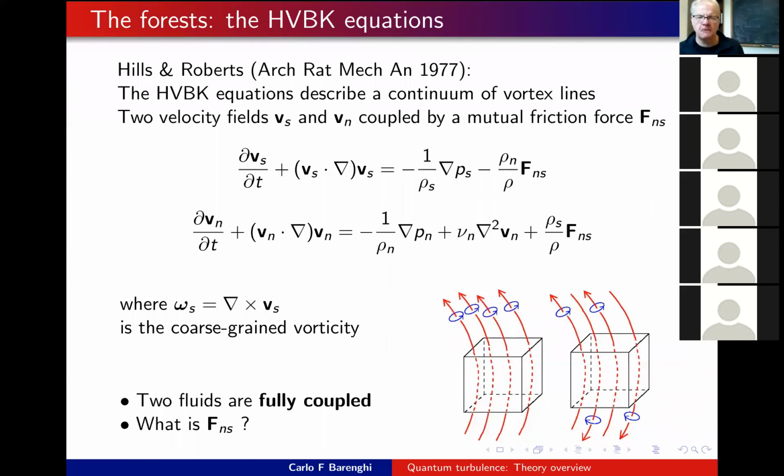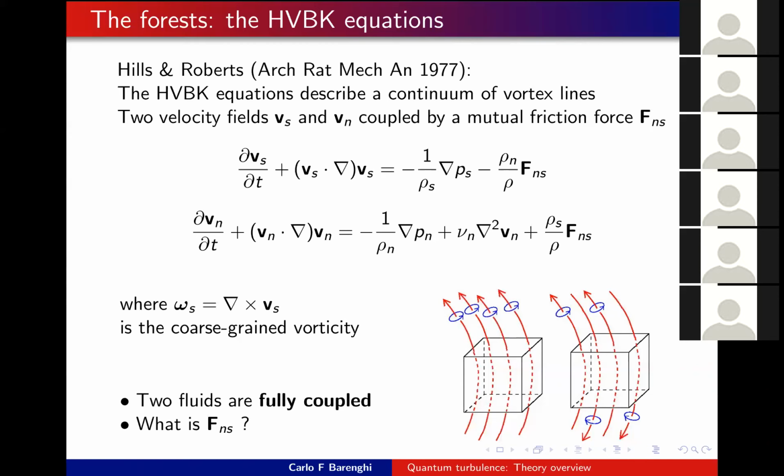So you see what the equations look like. On the left-hand side, there is the usual acceleration of a fluid particle for the normal fluid and the superfluid. Then the first terms on the right-hand side contain some effective pressures, which I did not write because they are quite long to write, involving the entropy, the temperature, and the actual pressure. Those terms would be responsible for well-known effects like the fountain effect in liquid helium or the mechanocaloric effects.